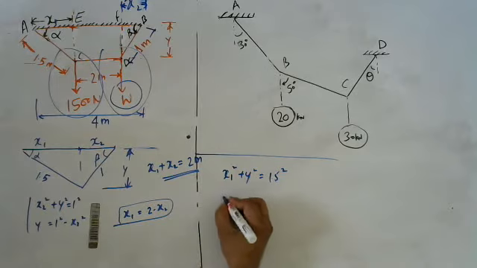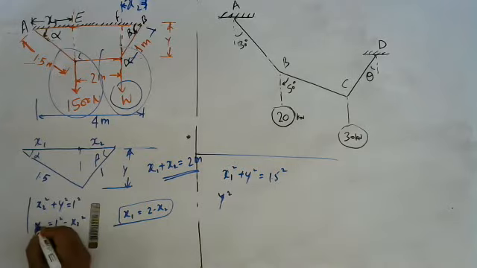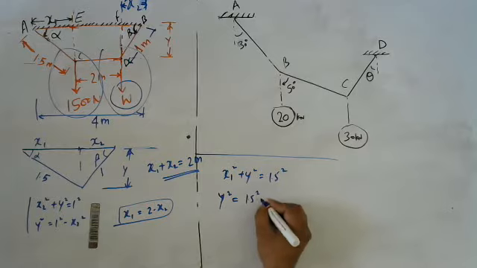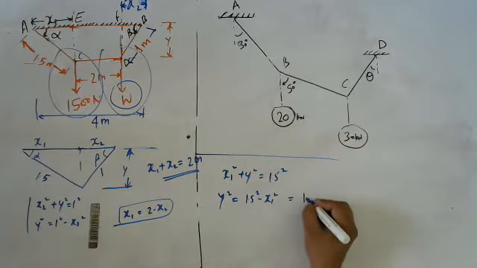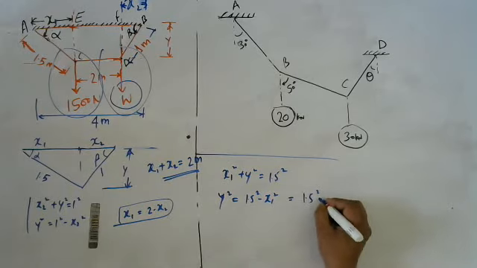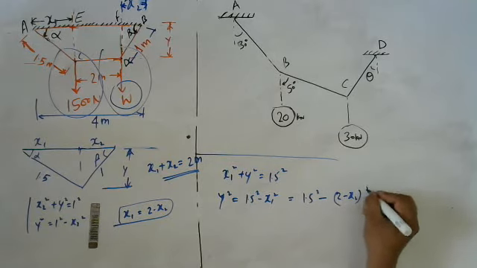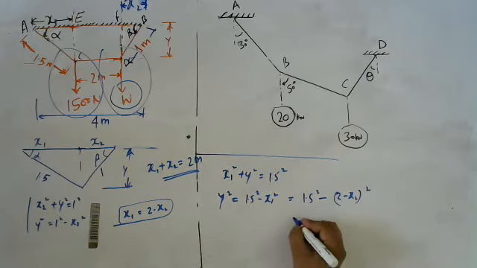So from here I can write y square is equal to 1.5 square minus x1 square, and x1 is equal to 2 minus x2, so y square is equal to 1.5 square minus (2 minus x2) square. So from here I can write 1.5 square.